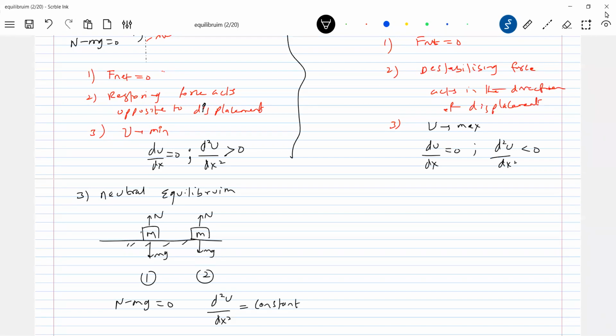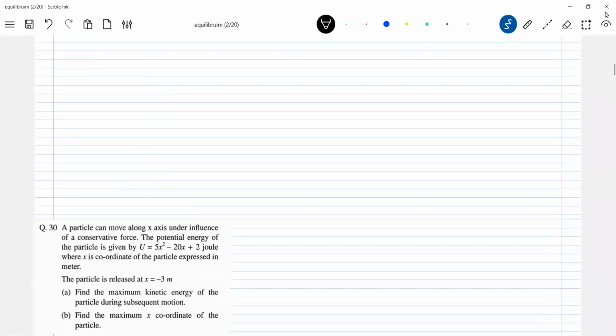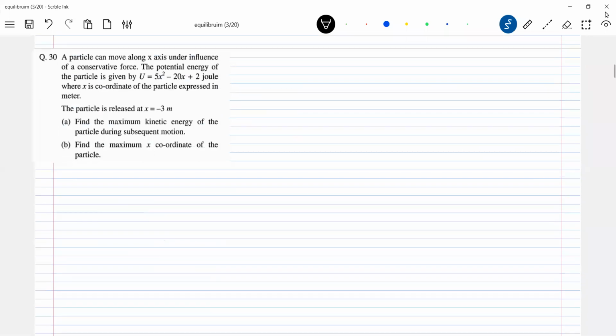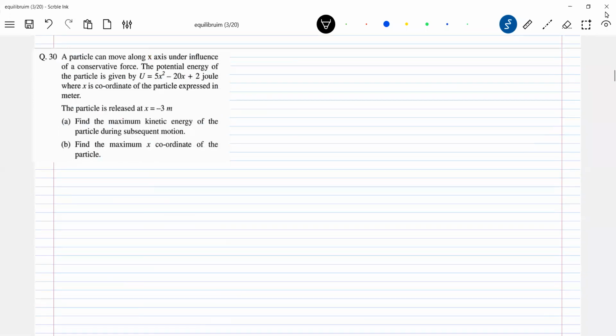Okay, this is about the theoretical ideas. So we'll pick up a few numericals, so that it will be easy for us. So d square u by dx square should be 0, right? Constant, 0 is also a constant. Just some constant value. It should not be a function of x or anything else.